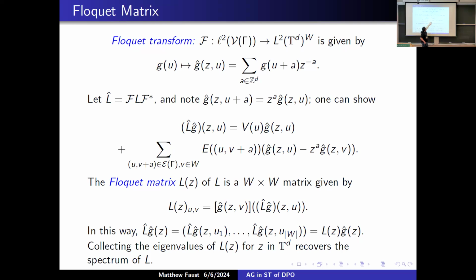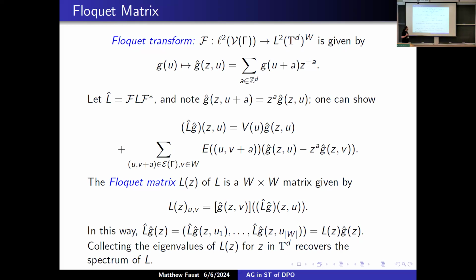So now we just have a linear sum in terms of G hat and the values it takes with respect to vertices in our fundamental domain. Now we've reduced this to just studying a finite dimensional vector, and we can view L hat as acting on these functions just via a finite W by W matrix, W just being, again, our fundamental domain.